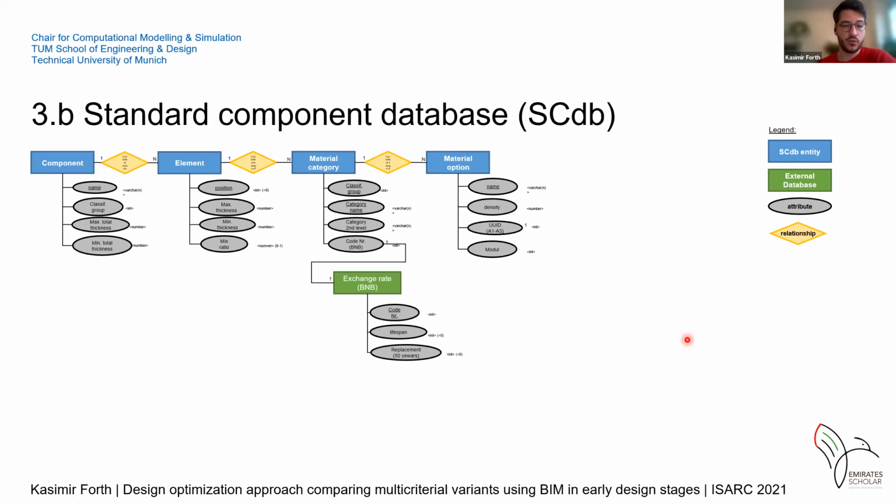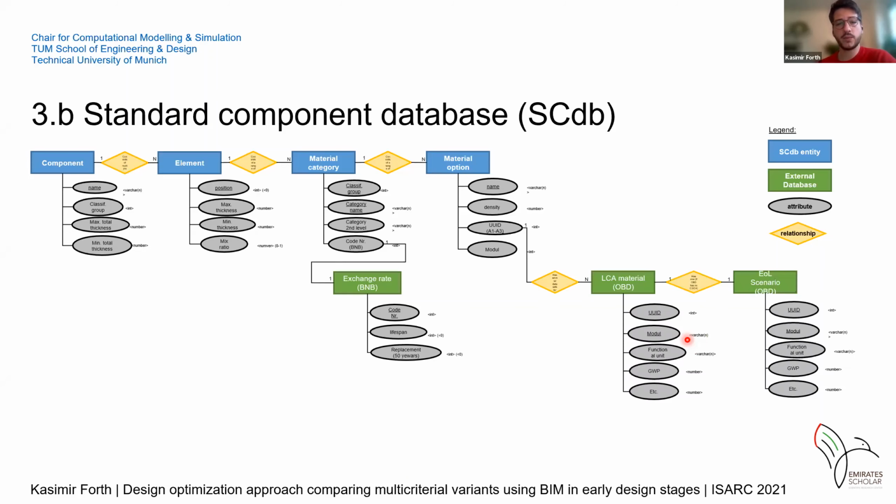As well as the LCA database, so the environmental data. In this case, as I already mentioned, it's Ökobaudat, extended with end-of-life scenarios, which are not always given. In my study, I'm focusing on global warming potential, but of course, these impact categories can be extended.